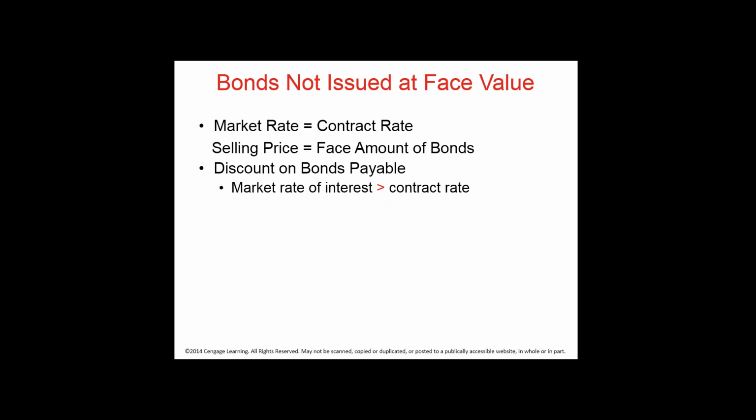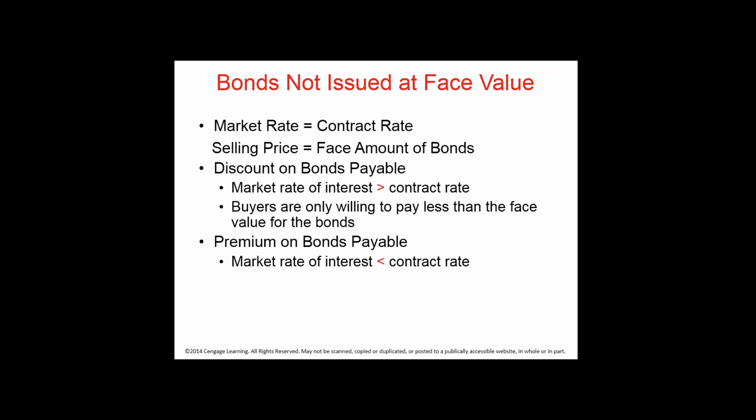Well, then bonds are sold at what is called a discount. Buyers are willing to buy those bonds, but they're not going to pay face value. They're going to pay a lower amount, a discount, because they figure if I'm getting less in interest than I could be earning in the market, then I'm going to pay less for the bonds.